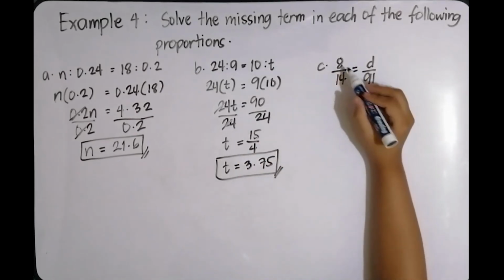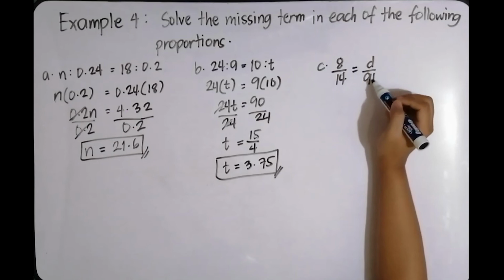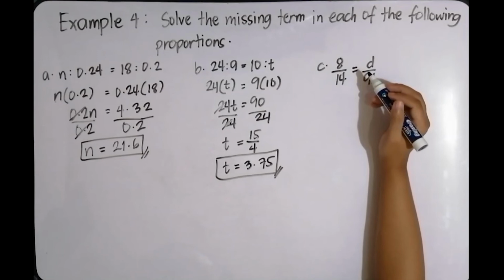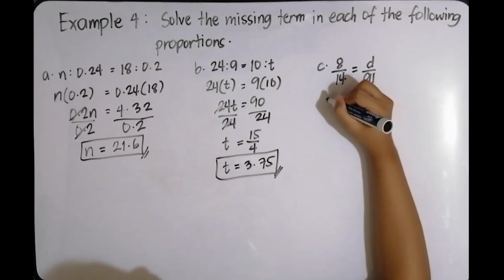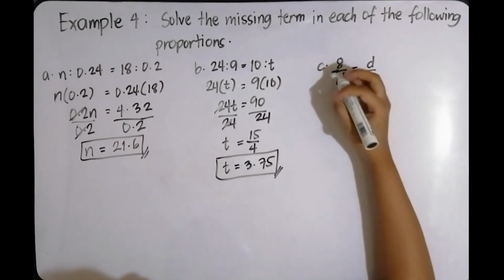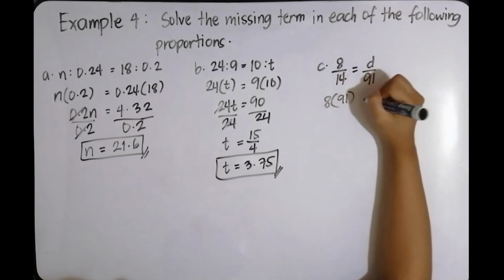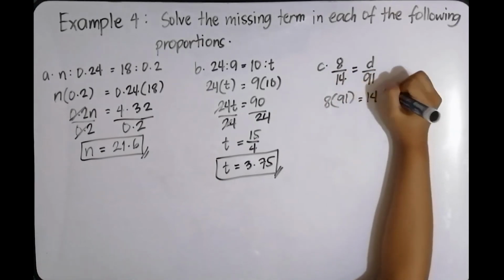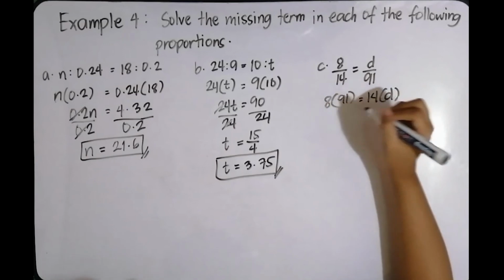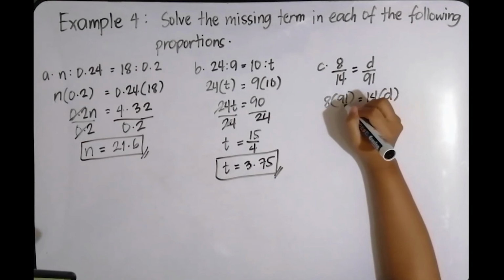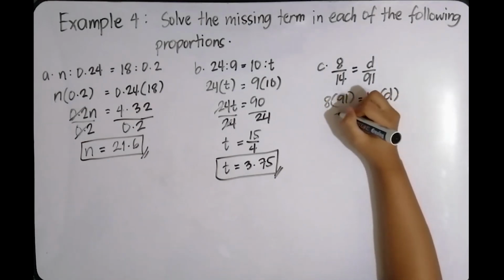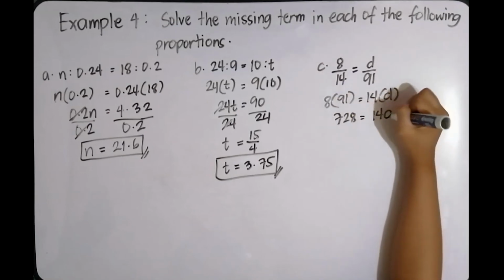Letter C, we have a proportion 8 over 14 equals d over 91. Since it's a proportion, let's get the fundamental property. So we have 8 multiplied by 91, then 14 multiplied by D. So 8 times 91 is equal to 728, equals 14D.